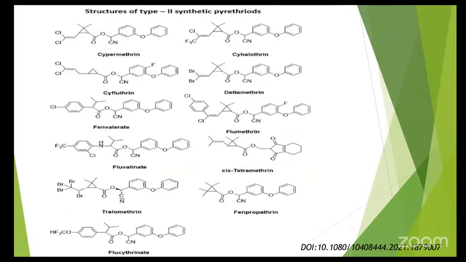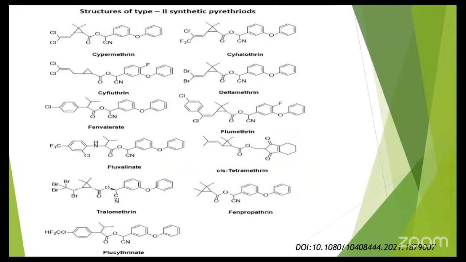compounds that you see. And coming here to the type 2 synthetic pyrethroids, you get to see cypermethrin, which is frequently used. When the isobutenyl side chain was replaced by a dihalovinyl group, it resulted in the first photostable pyrethroid, permethrin. The insecticidal activity was further enhanced by the incorporation of a cyano group on the alpha carbon atom of the 3-phenoxybenzyl alcohol ester.